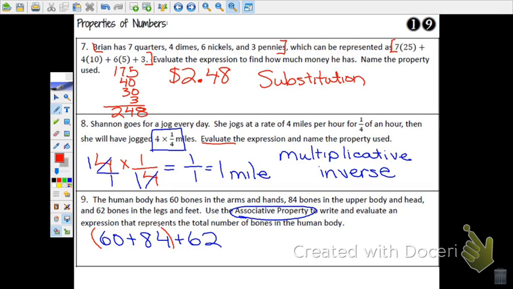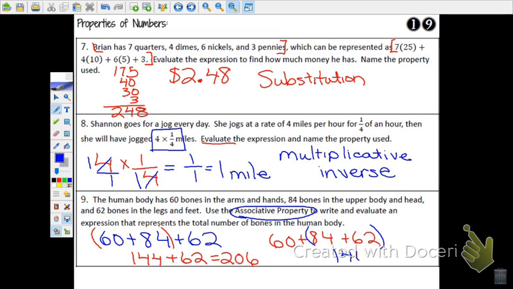So if I had the first 2 grouped together, I have to add them first. So I get 144 plus 62, which gives me an answer of 206. If I grouped it differently with my 60, 84, and 62, if I grouped the last two together, then I have to show my work and do my parentheses first.